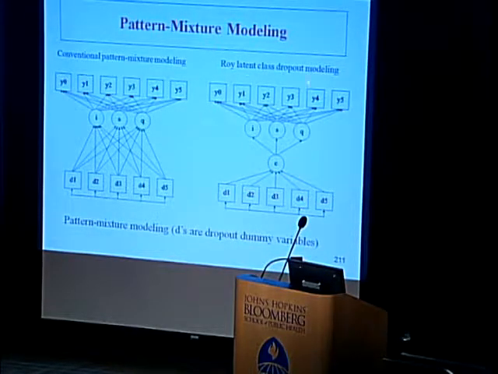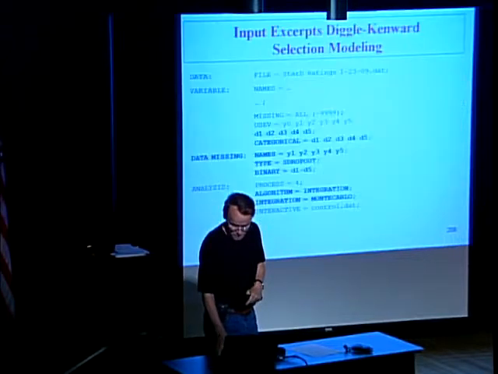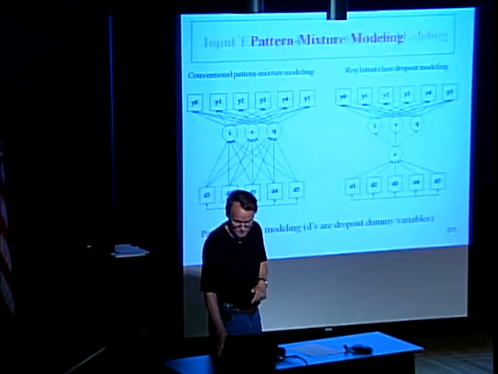And this model will be more understandable in August. But Roy, you have the reference there, came up with this model as a better model of the pattern mixture kind than the conventional one. And that one is also easily done in Mplus. And my experience is that it usually fits much better than the conventional one.